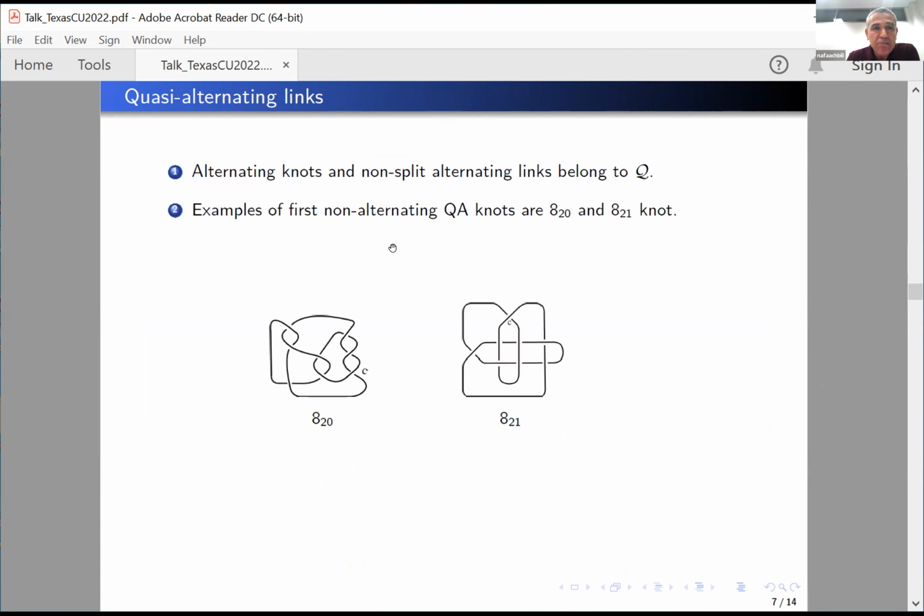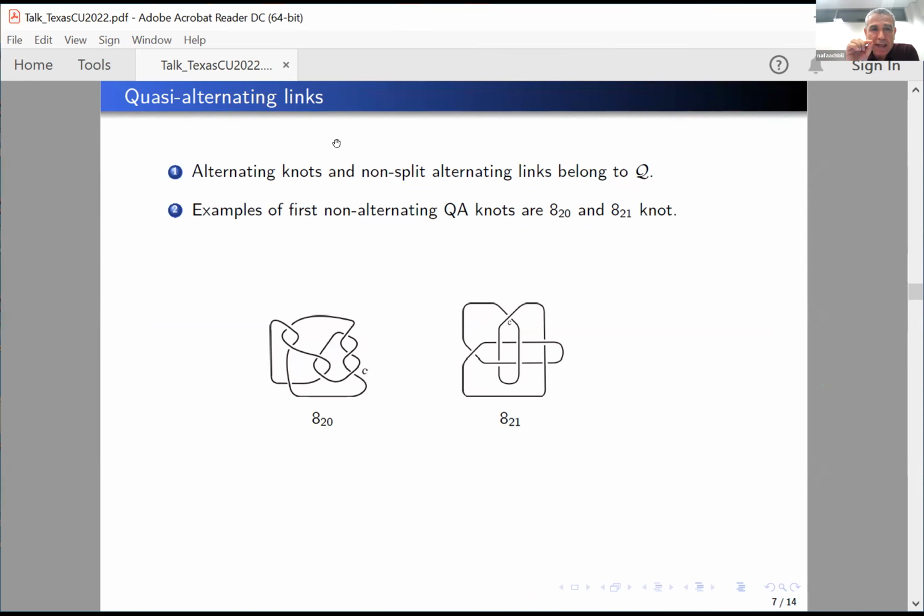We can easily prove that alternating knots and non-split alternating links are quasi-alternating, by a small induction on the determinant of the link.